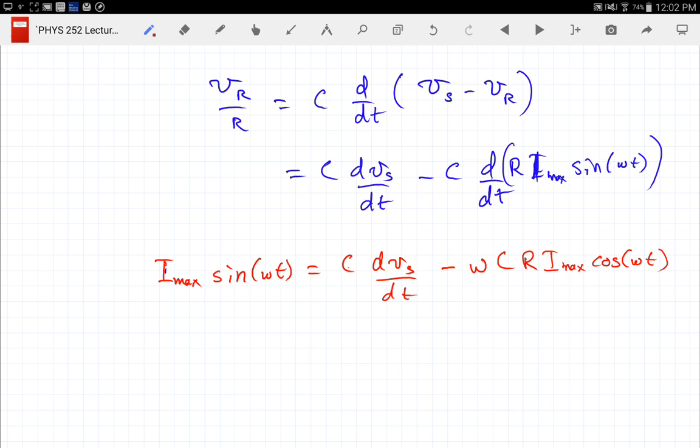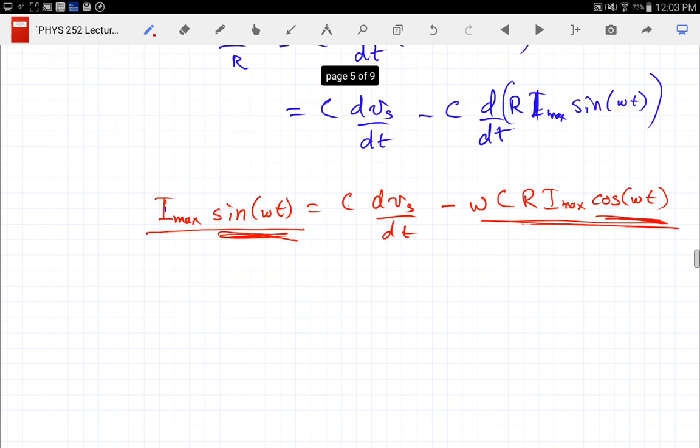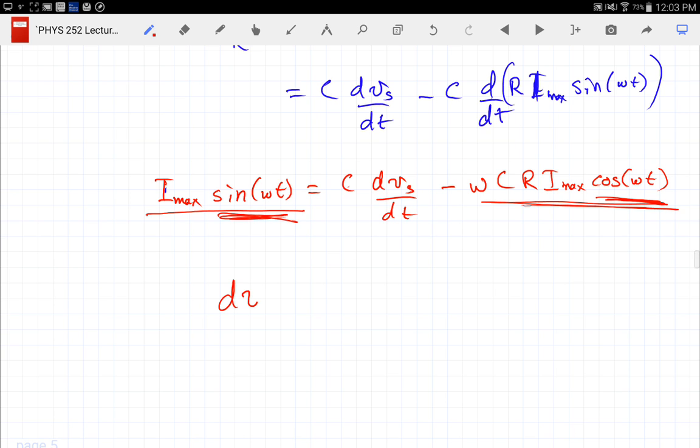And so now I have an equation relating my voltage and current in a most disconcerting fashion. This is not the way I intended to go through this problem. Maybe I should have stuck with my original. But you can see that we have a cosine omega t here and a sine omega t here. And so, solving for dVs/dt, I have to divide everything by C.